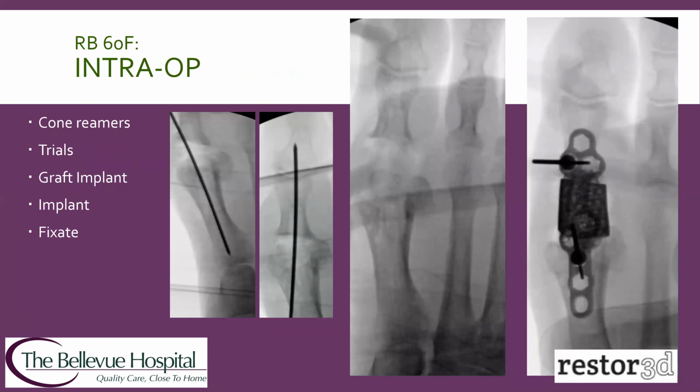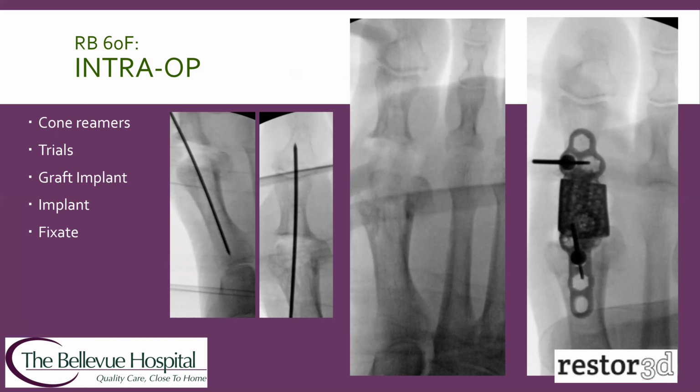Once we get that implant out, we're prepping both of the surfaces, very similar to what you would do with a normal first MPJ fusion, except you're using only one side of the reamer. So you're using the male size reamer on both the met head and the proximal phalanx to accommodate that implant.